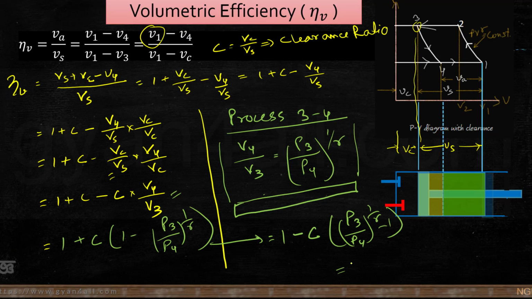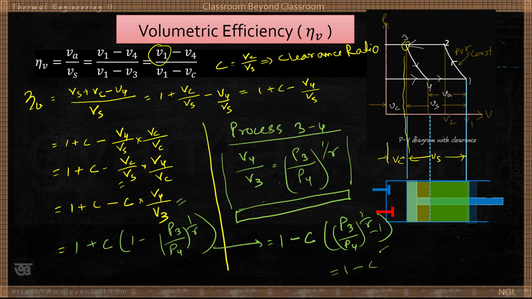We see P3 is equal to P2 and P1 is equal to P4, so in place of P3 by P4 we can write P2 divided by P1 all to the power 1 by gamma minus 1.